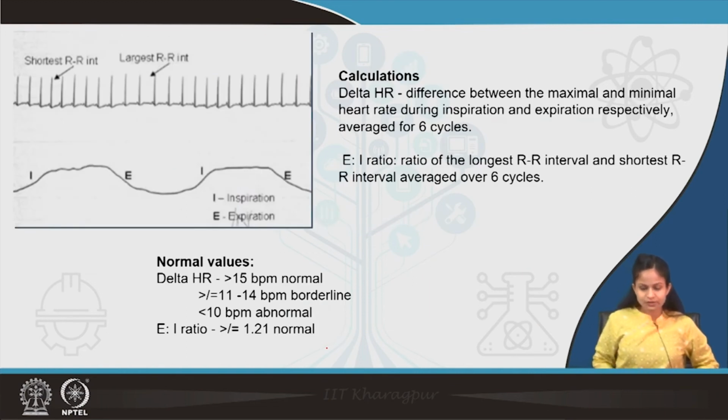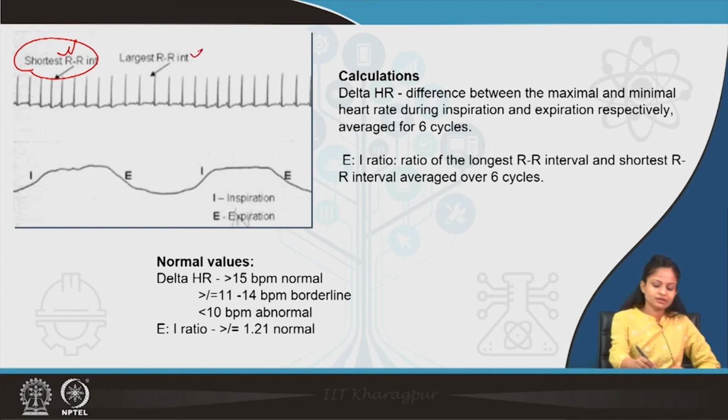In the calculations, the shortest RR intervals occur when we are taking a deep inspiration, because the heart rate increases, which means the RR interval decreases. So you get a short RR interval during inspiration. The opposite occurs during expiration. At that time the heart rate decreases, so we get the long or large RR intervals.